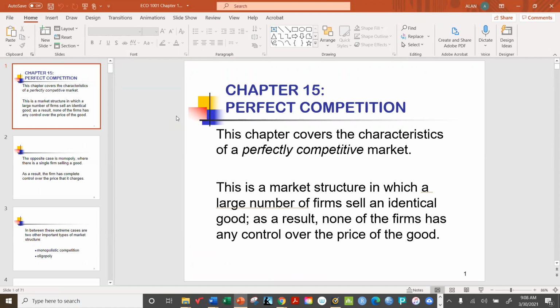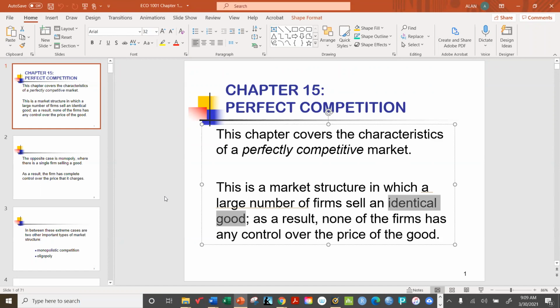So think of this as one extreme, monopoly is the other extreme, and then most businesses operate somewhere in between and have some of each going on. So in a perfectly competitive market, we have a very large number of firms selling the exact same product. It has to be the same product. Otherwise, what we're doing here is not perfect competition. It is something different.